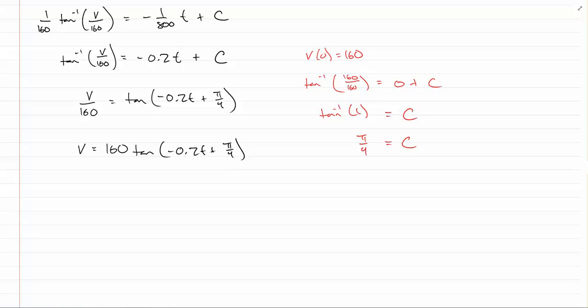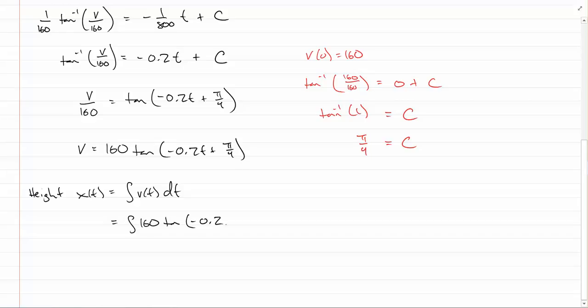We wanted to know how high it goes, so we need to know the height function. That's the position function, x of t. That's just the integral of v of t. So that's going to be the integral of 160 tangent of negative 0.2 t plus pi over 4 dt. Let's do a little u substitution here.